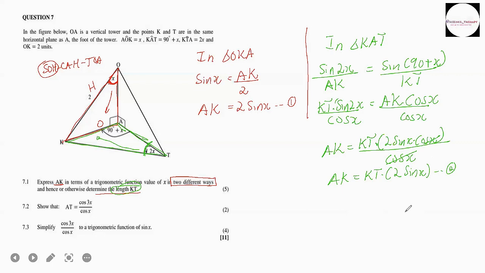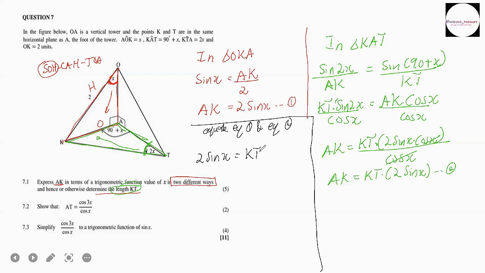Now they're saying, and hence or otherwise determine the length of KT. So what are we supposed to do after here? This is the point where we equate the two equations. We're going to equate equation 1 and equation 2, since both these equations are expressed with AK as the subject of the formula. So 2 sine x is equal to KT times 2 sine x.